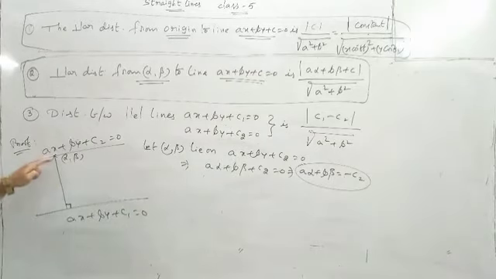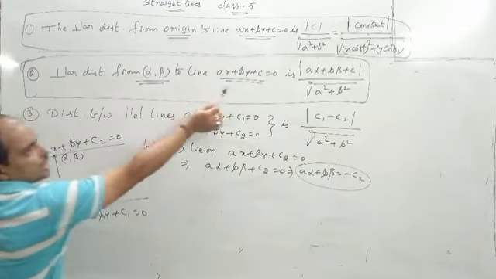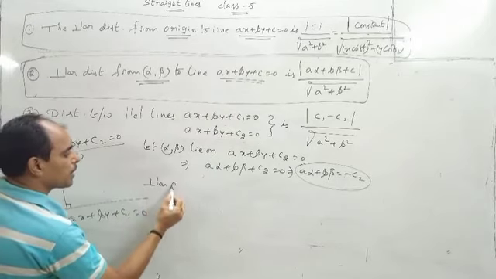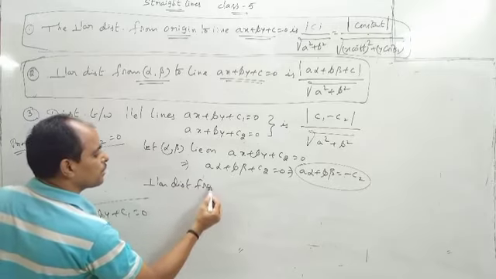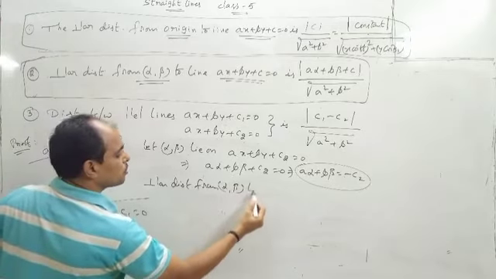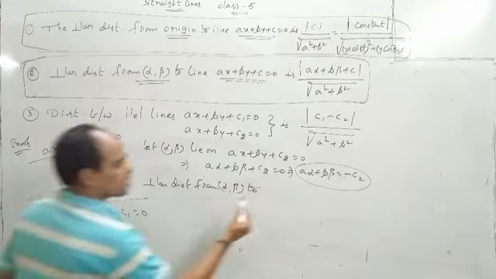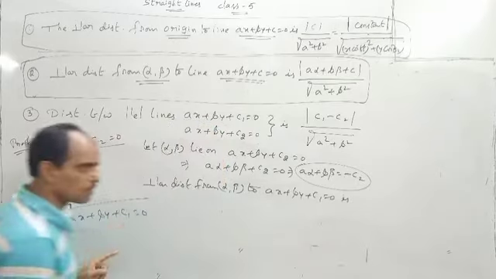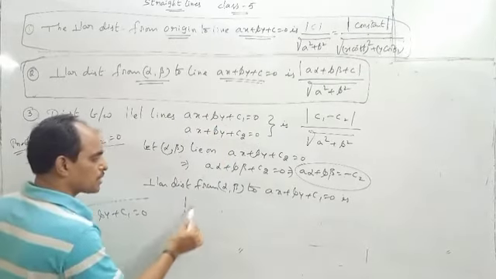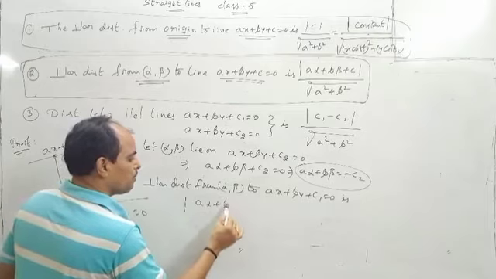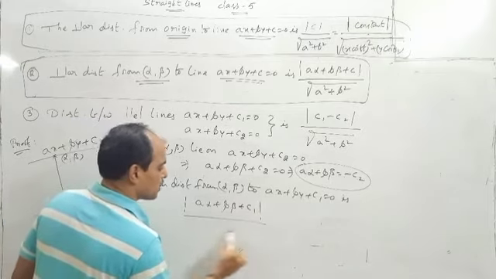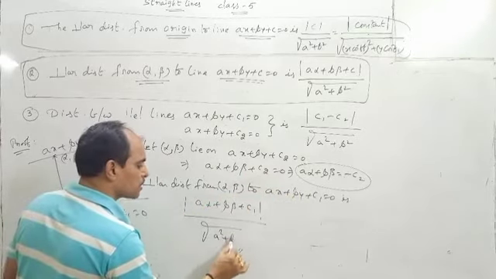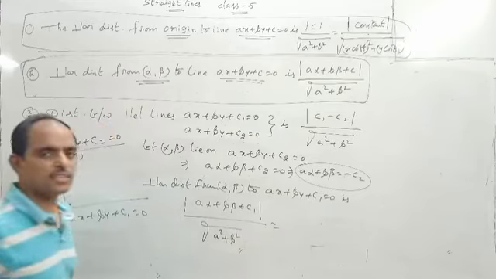Now perpendicular distance from this point to this line, we just found that formula. So perpendicular distance from alpha beta to the line ax plus by plus c1 is equal to 0 is modulus of a alpha plus b beta plus c1 by, just you put the point in the equation, by root of x coefficient square plus y coefficient square.